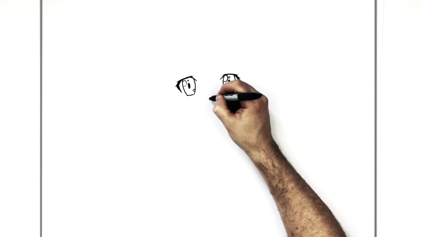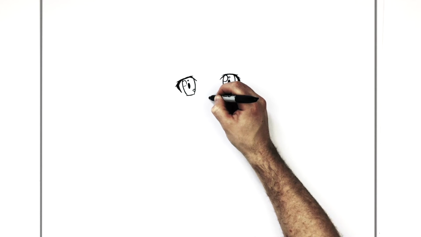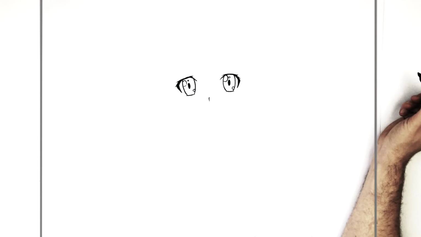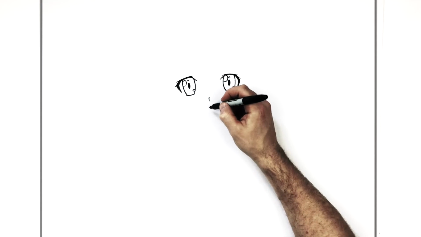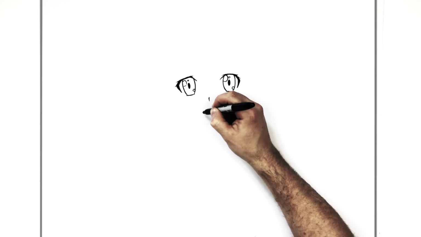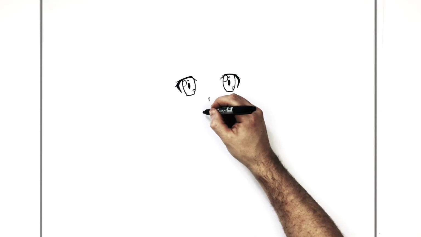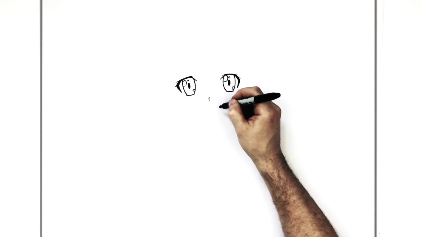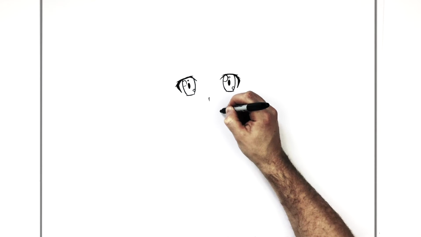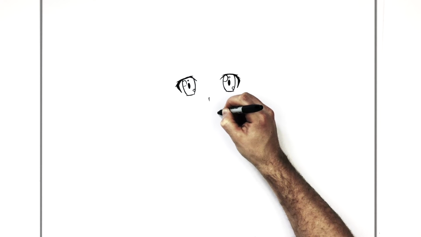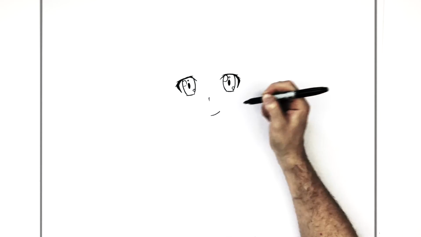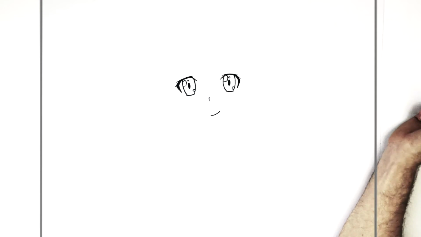And then her nose. So a simple sort of nose, just like a tiny little thing like that. And then her mouth, two lines. So it's like a classic sort of smile line, like an exaggerated smile line, but there's a gap in between them.